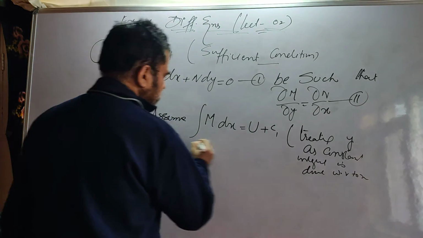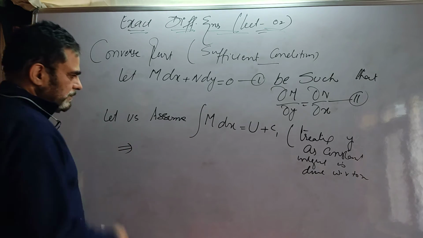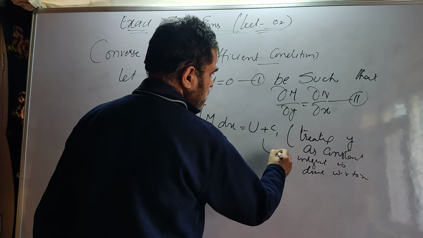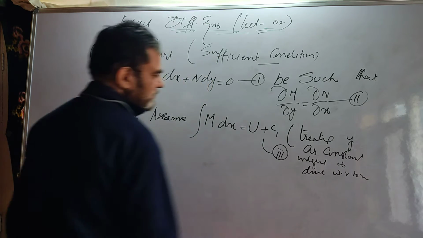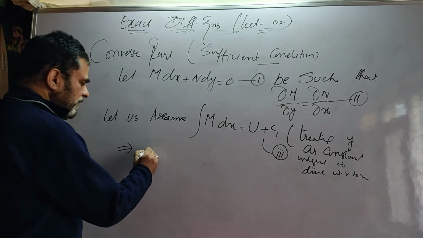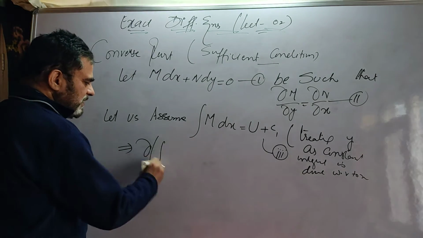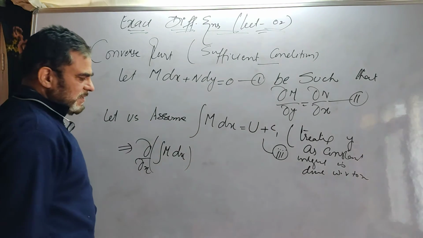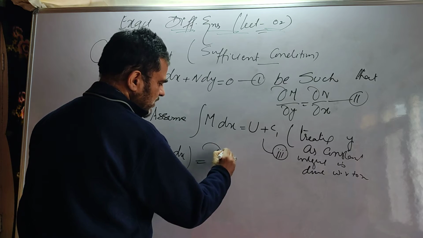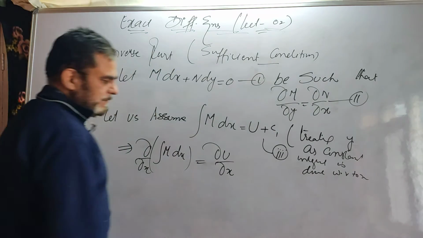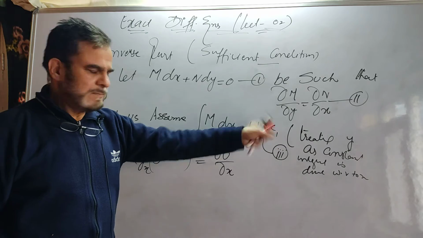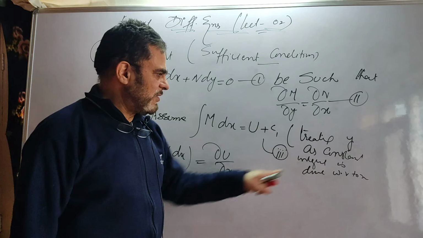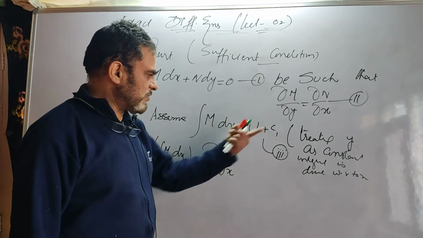Let us name this third. This implies, if we differentiate this partially, the integral of M with respect to x, what is this? It will be partial of u with respect to x. c1 is a constant, and we are treating y as constant here, differentiating with respect to x, so this will be 0.